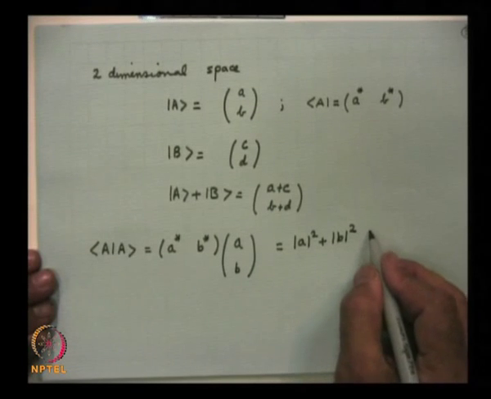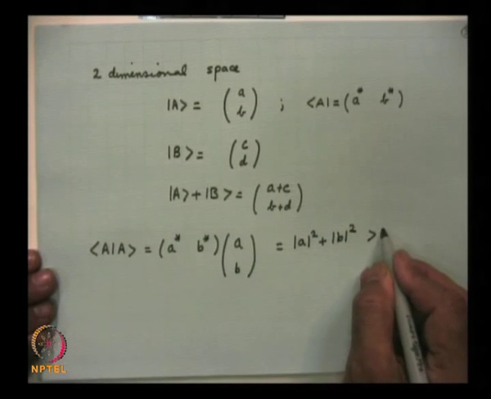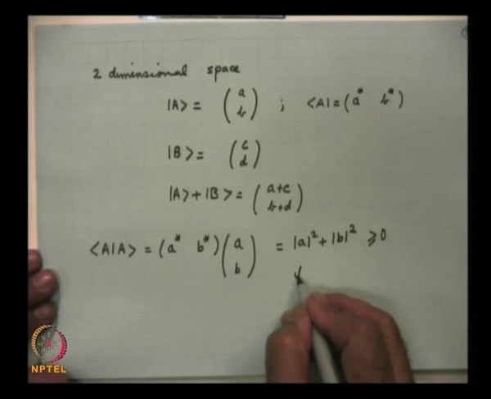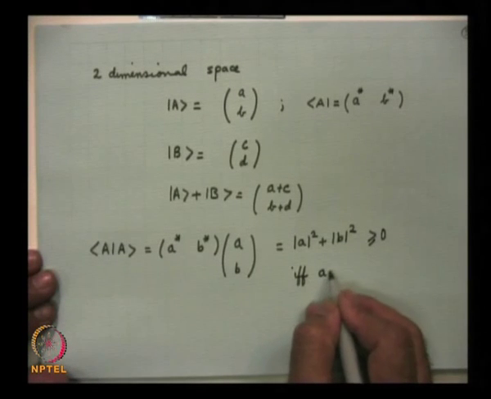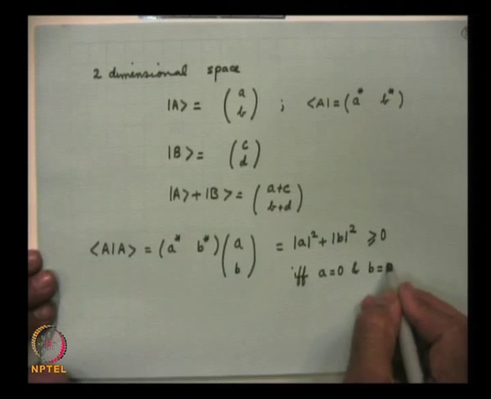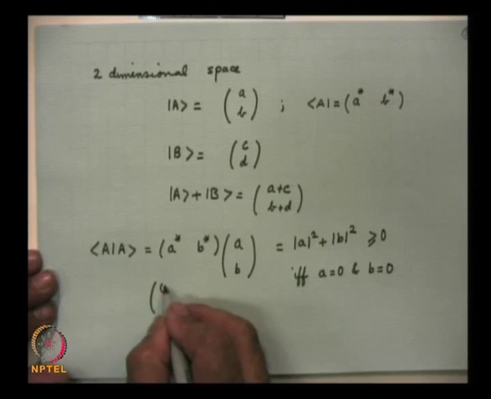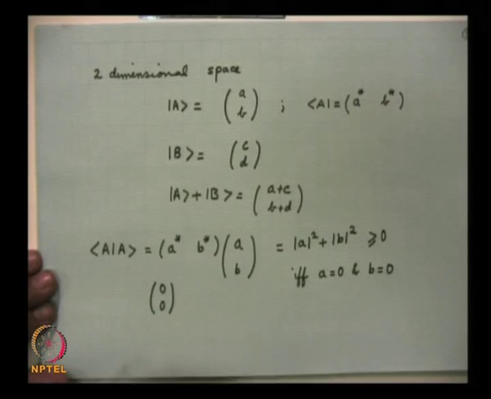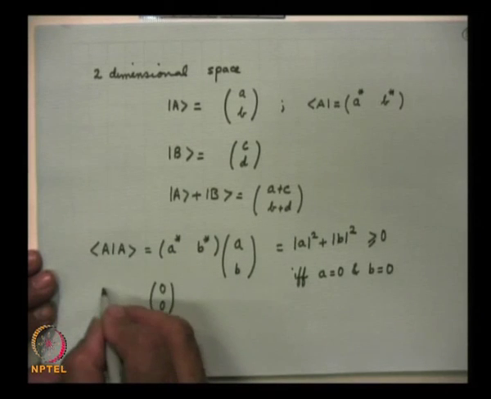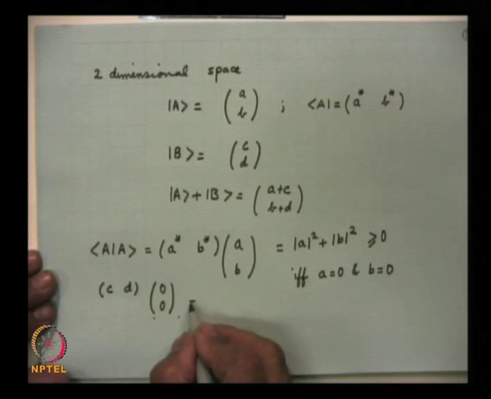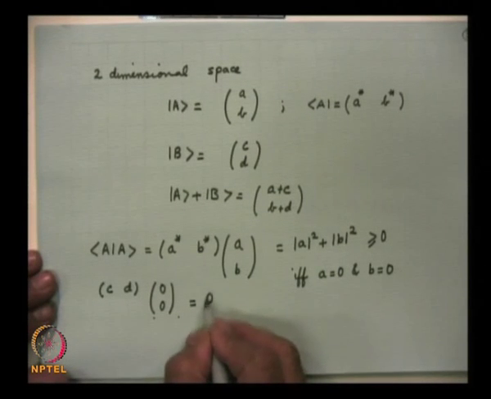So, this is always greater than or equal to 0. It can be 0 if and only if A is 0 and B is 0. Then that is a null ket, because if you have a null ket, you can pre-multiply by any bra, and this will be 0.